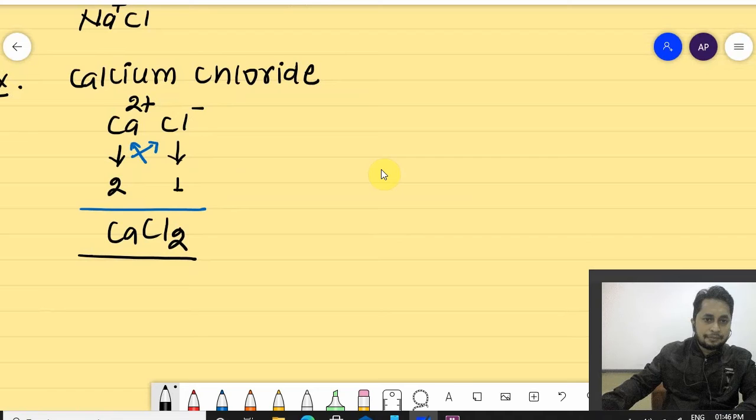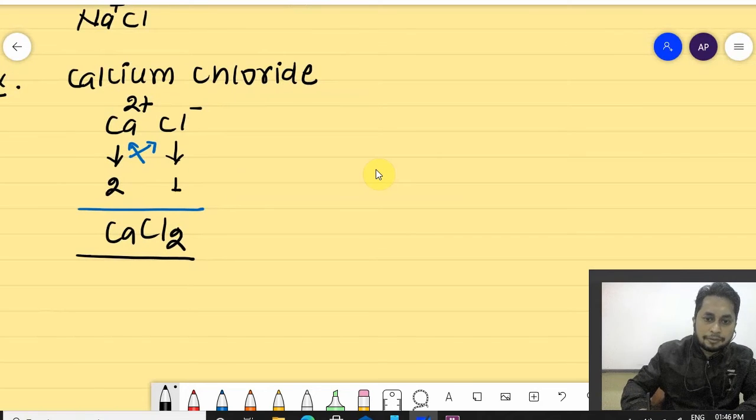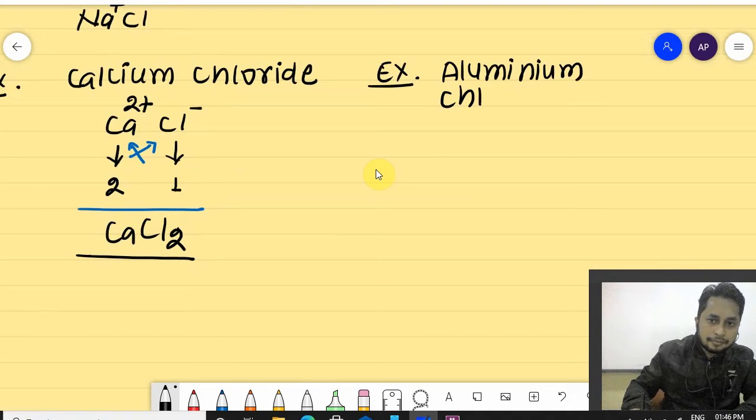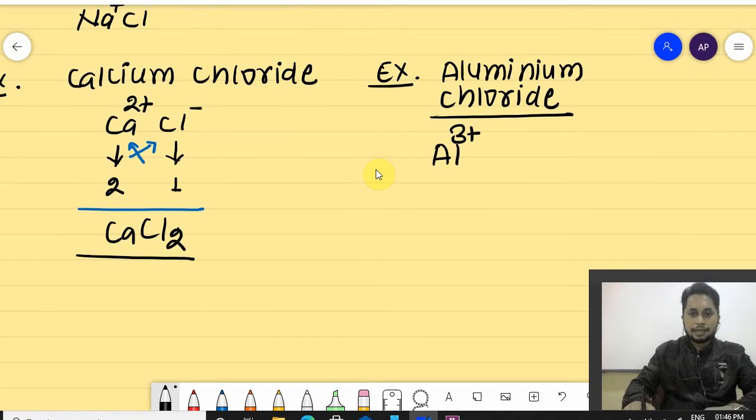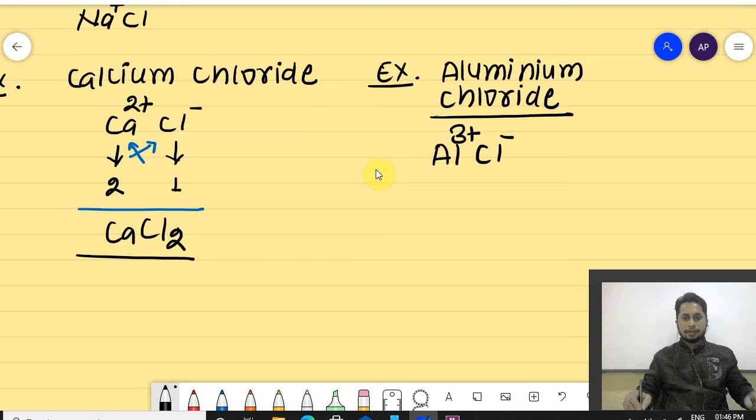Similarly, if we want to write the formula of aluminium chloride, we will write the symbol of aluminium with charge and the symbol of chloride with charge. Now cross multiply the charges.